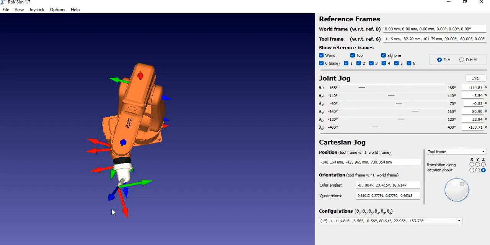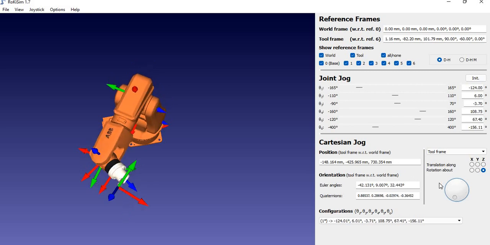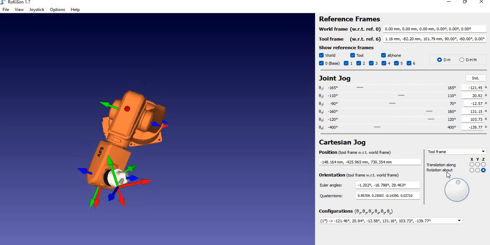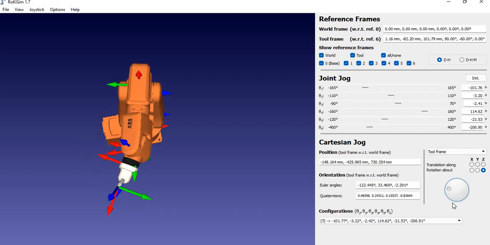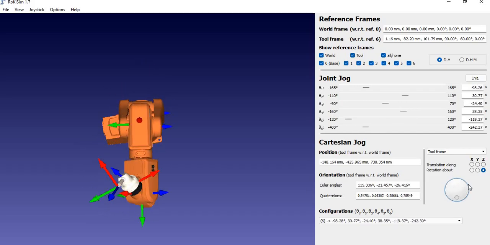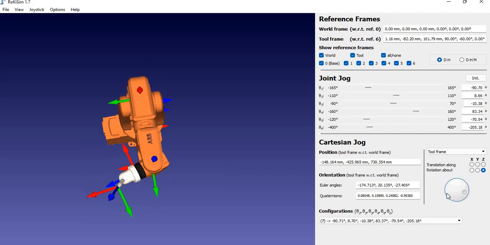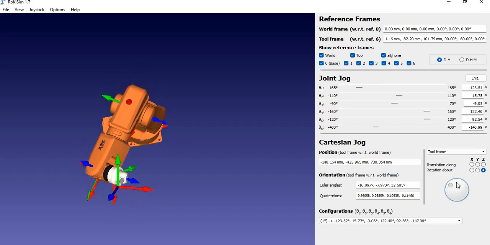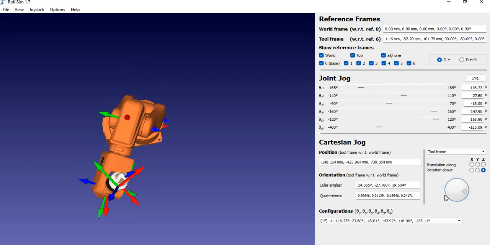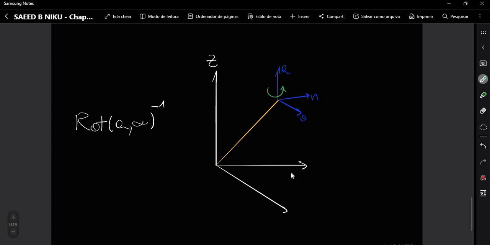Well, as you can see right here, this axis in blue, the position and orientation doesn't change. And it's the effect that we got with this technique.